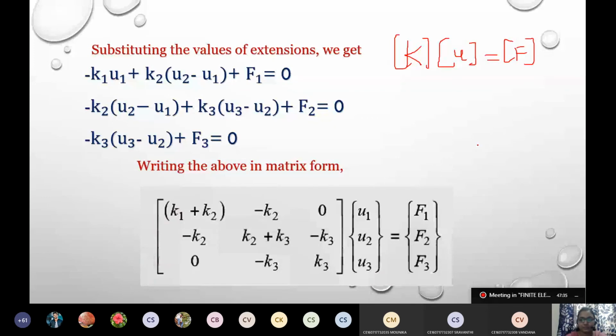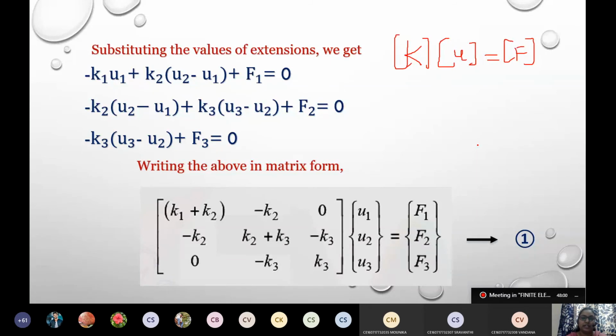So what I'll do, I'll consider this matrix form as equation number 1. All right, K into U is equal to F. This is the matrix form, or the formulated values of the element, individual elements for every spring, the whole structure, using direct approach.